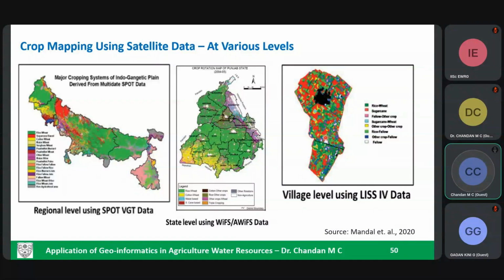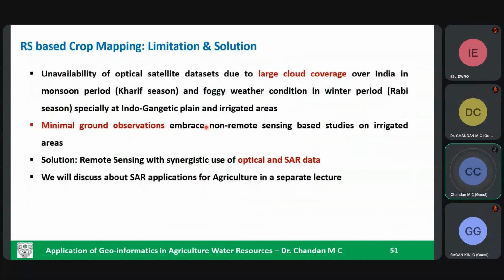And one of the limitations we face is that the optimal data set has large cloud coverage, especially when you see the setting of India in terms of meteorology. Ours is a tropical country. More or less throughout the year, except for 2 or 3 months, our entire nation is covered with cloud. So how to deal with cloud mask? That is one of the major studies.